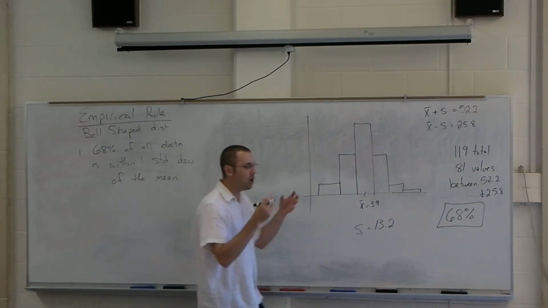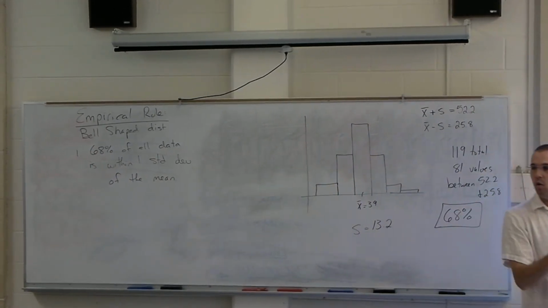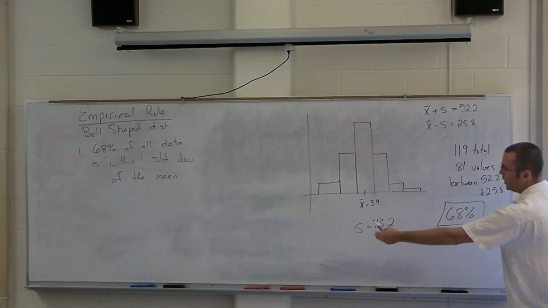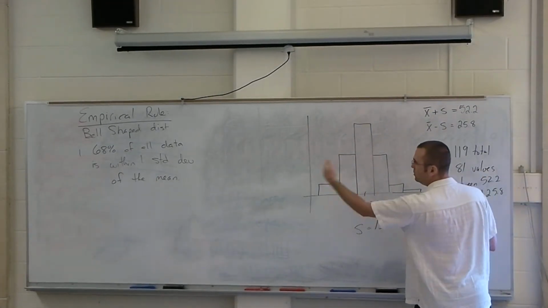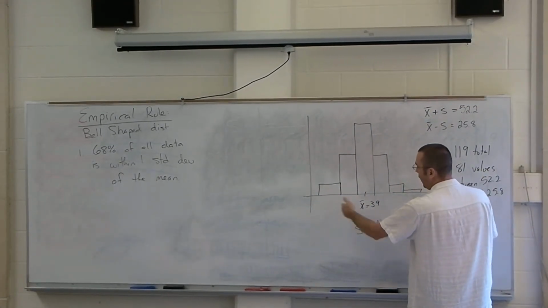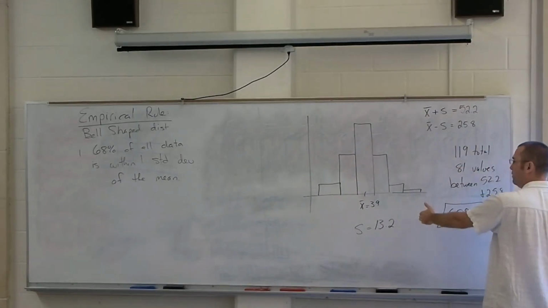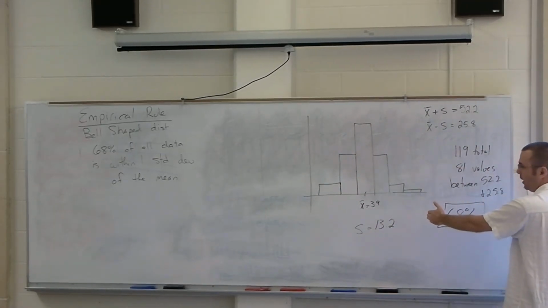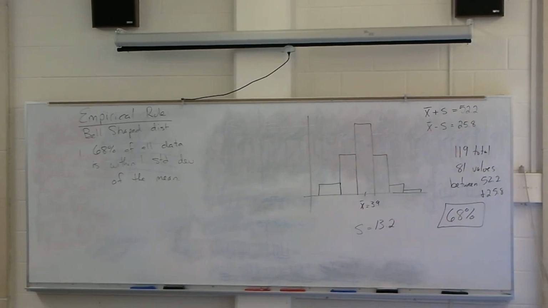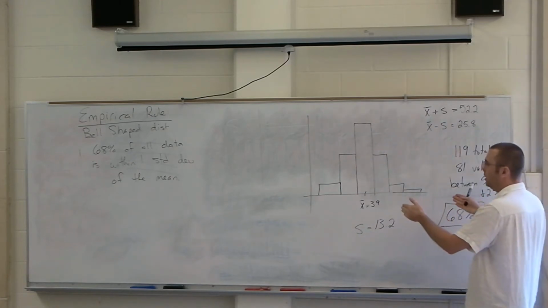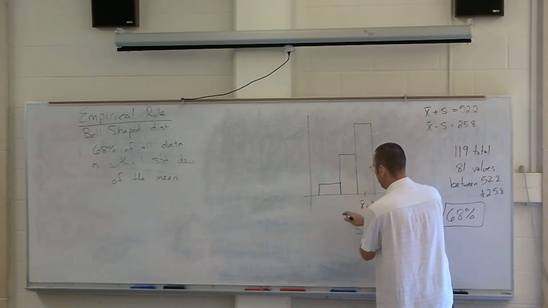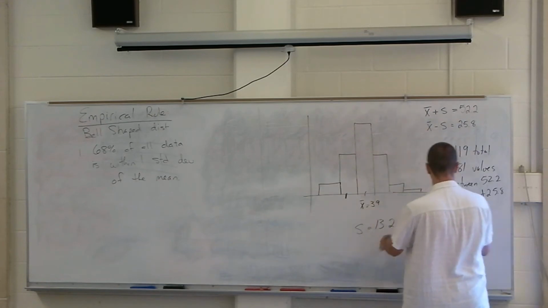When I say within one standard deviation, what that means is that if I take my mean and go down one standard deviation, and take my mean and go above one standard deviation, you might be one standard deviation lower or one standard deviation higher, but 68% of all of my data is going to be within one standard deviation of our mean.